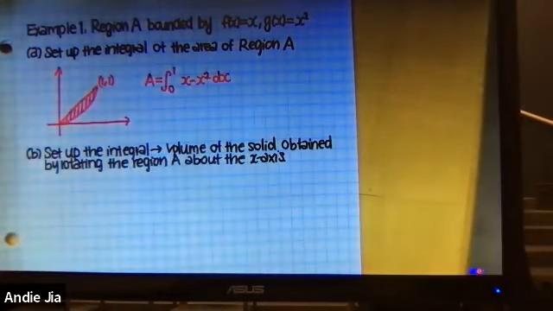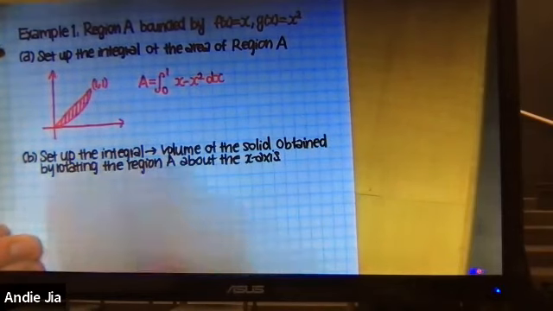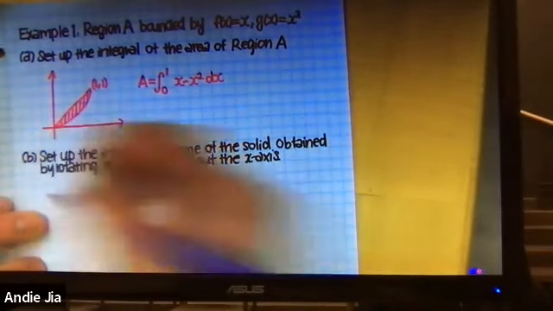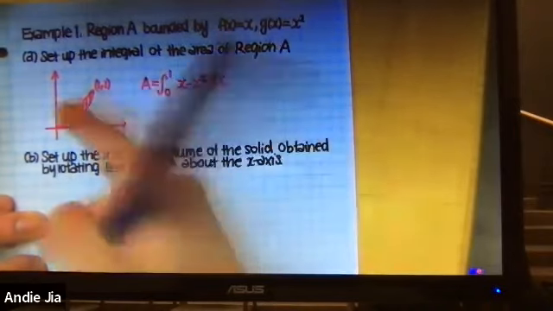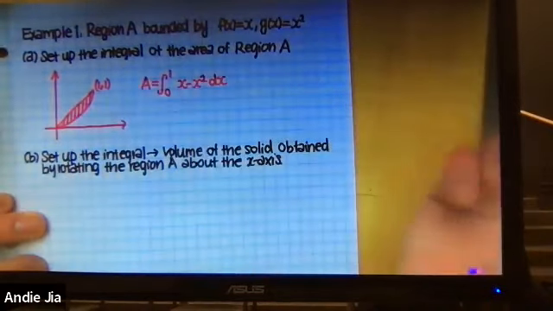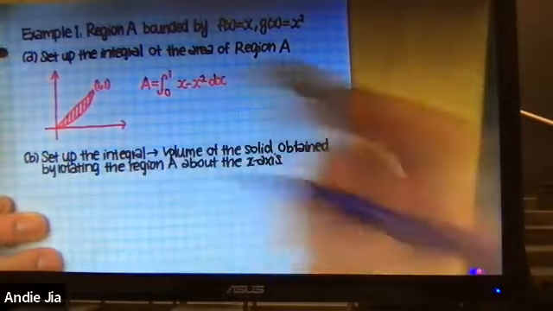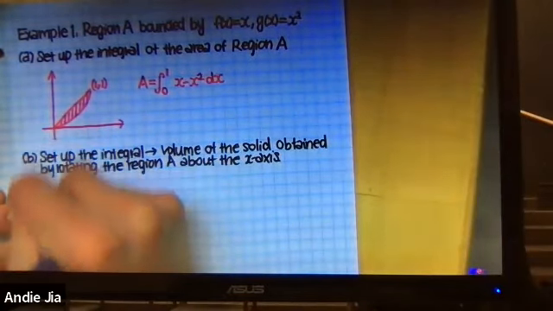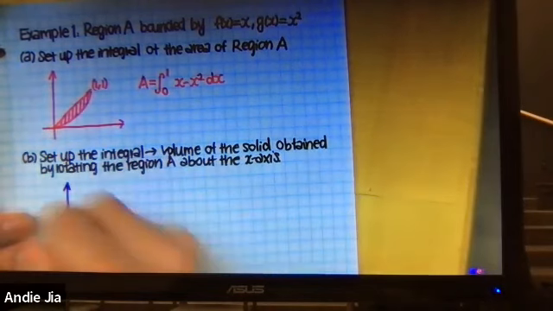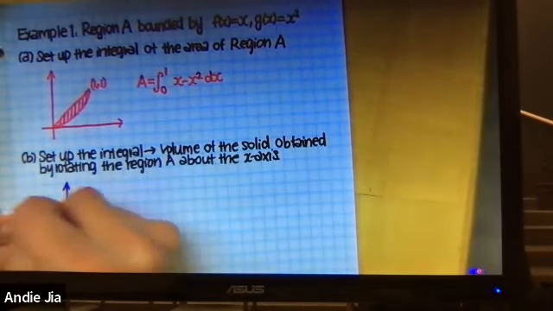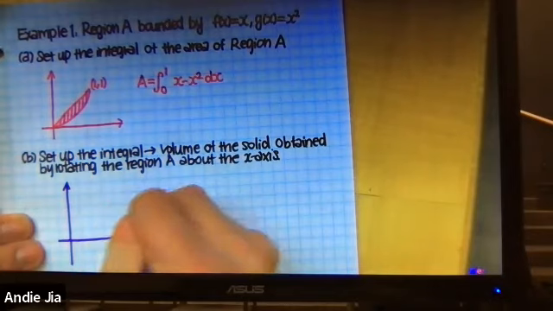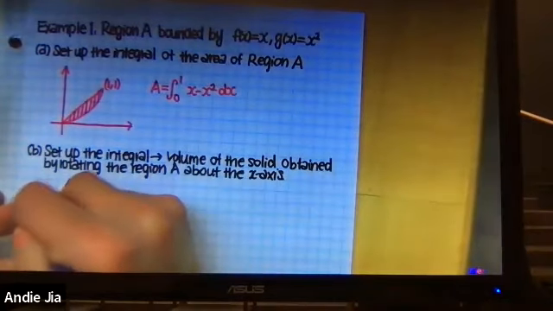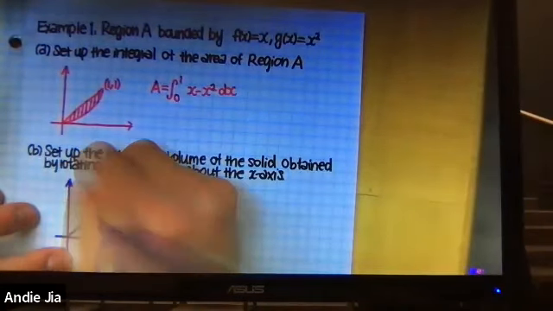We have an outer radius and an inner radius. So the outer radius is g of x, so it's the same thing. Because we just have this region here, they're not to scale, but I tried my best.